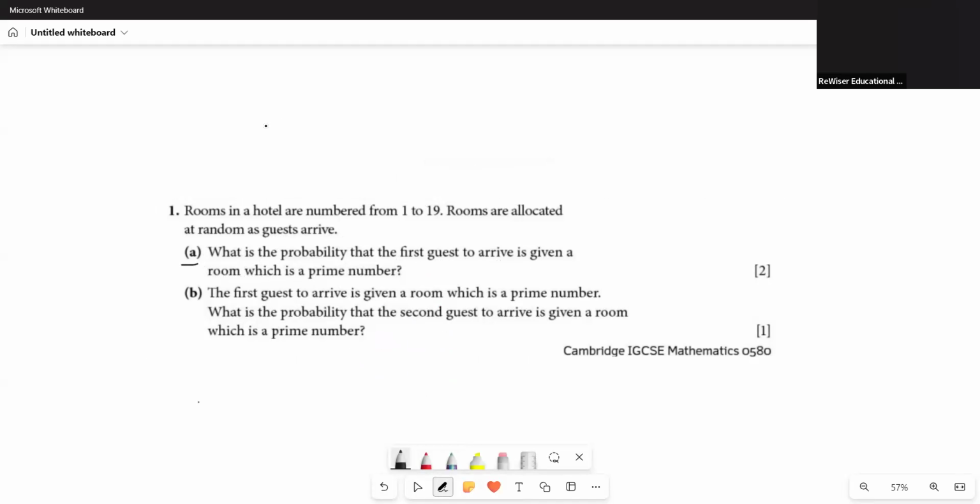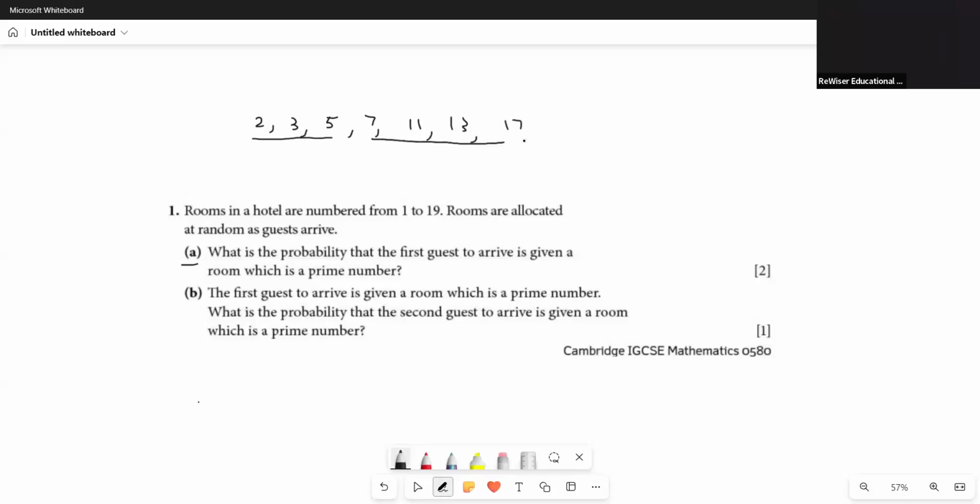So we have to list the prime numbers from 1 to 19. We have 19 rooms here. So the prime numbers can be 2, 3, 5, 7, 11, 13, 17. These are the prime numbers.